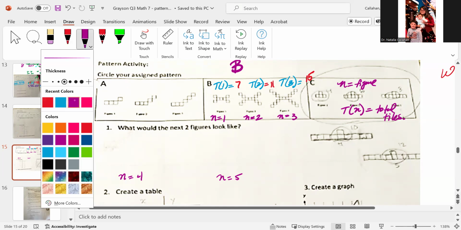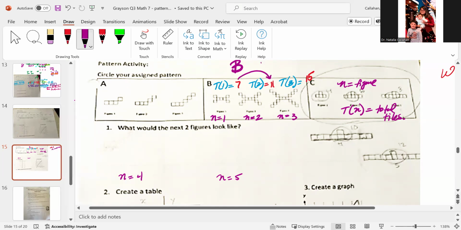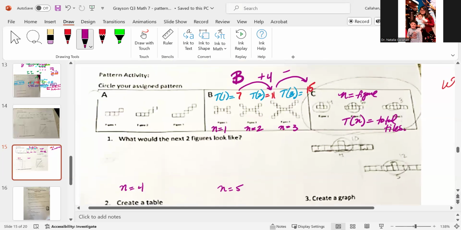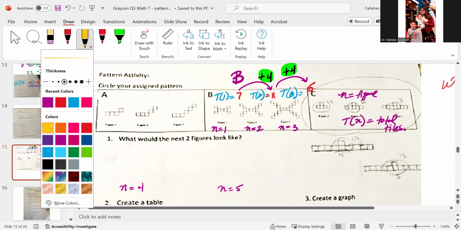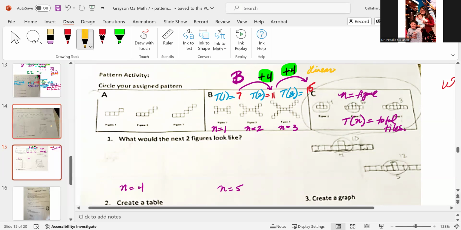I mean, like from 7 to 11, you add what? Okay, so then these numbers are the same. Do you see that? So is this quadratic or is this linear? This is linear because it's the same plus 4. Does that make sense?